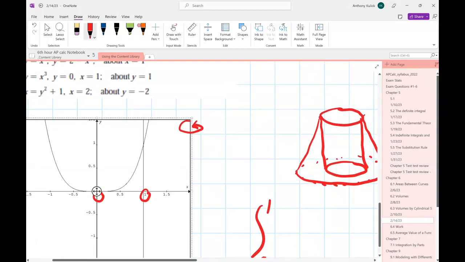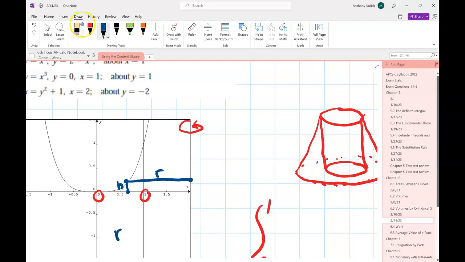So if I pick a random x from inside of that interval, that's the radius for my cylinder, and this would be the height of my cylinder. Is everybody okay with that?